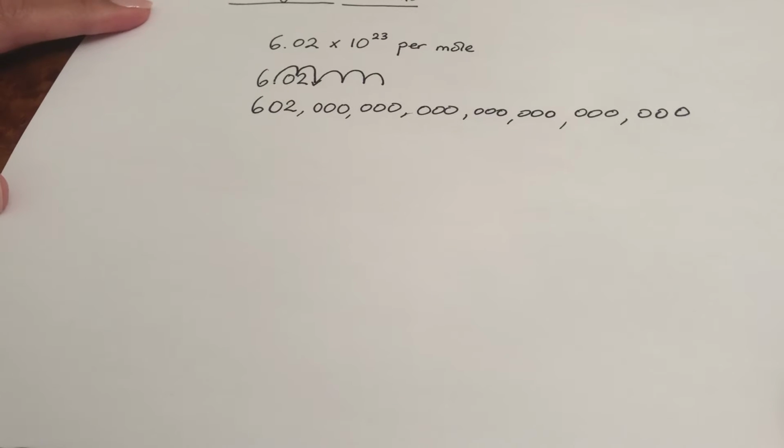You can imagine to try to say all of these would be quite huge for every single calculation. So you can just refer to this as Avogadro's constant. It's the number of atoms, molecules or ions in 1 mole of a substance.